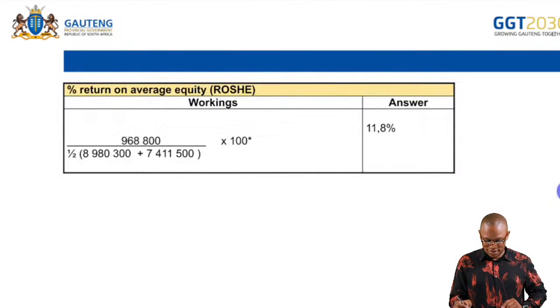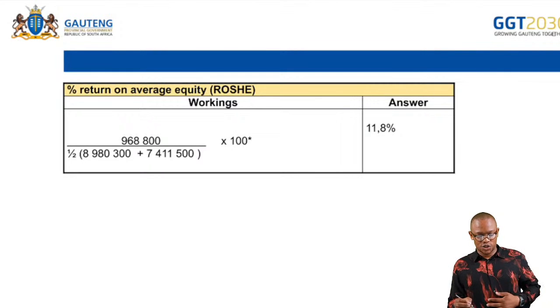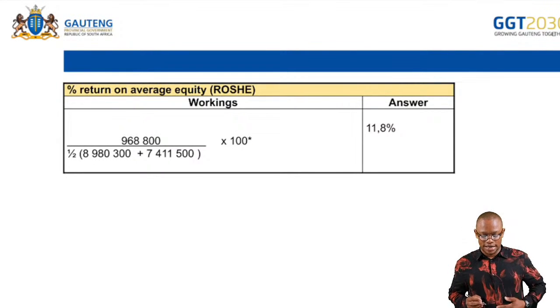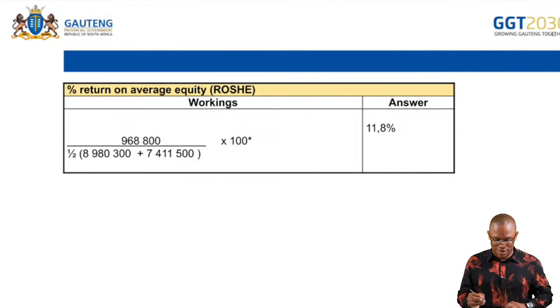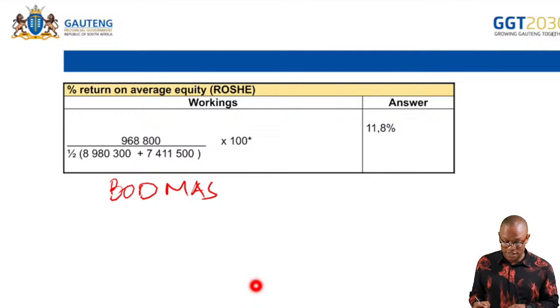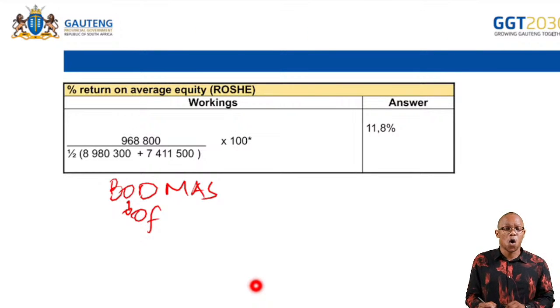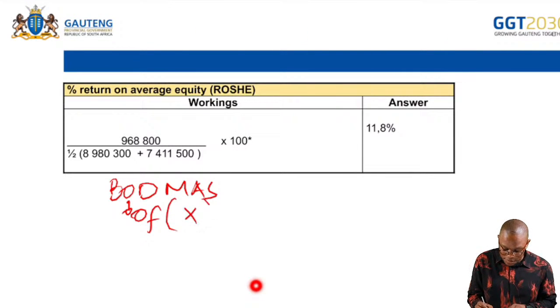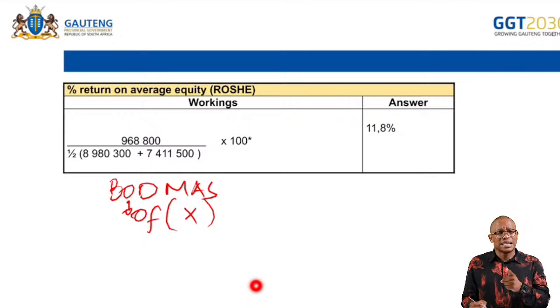the last one. The last one is to calculate the percentage return on average shareholders' equity. Just to emphasize this one, in mathematics, you are taught BODMAS. I hope everyone knows this. And this O, most people will say, stands for "of". And now in maths, it's a multiplication. But now in accounting, remember I said "on" is a division.